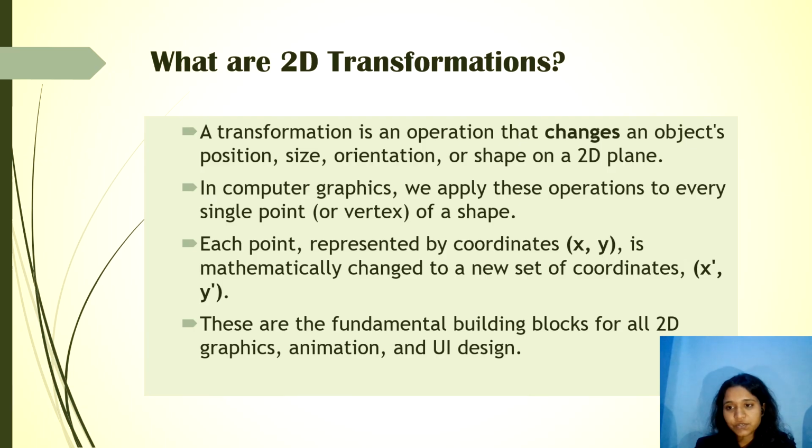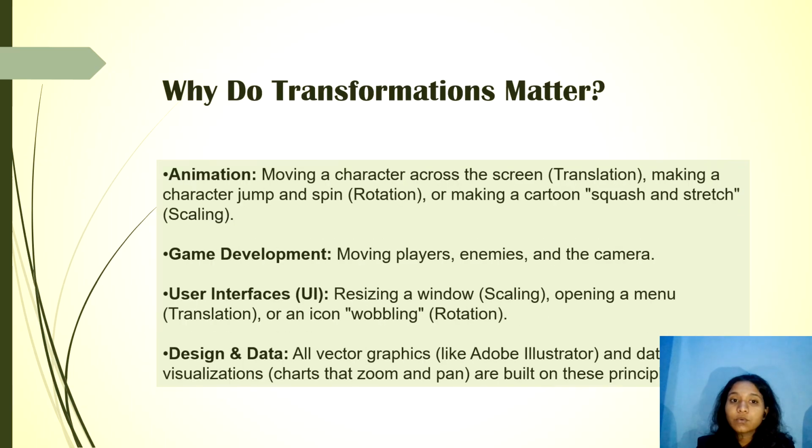Let's move to the next question. So, why do transformations matter? First is animation: moving a character across the screen, that is translation; making a character jump and spin, that is rotation; or making a cartoon squish and stretch, that is scaling. Second is game development: moving players, enemies, and the camera.